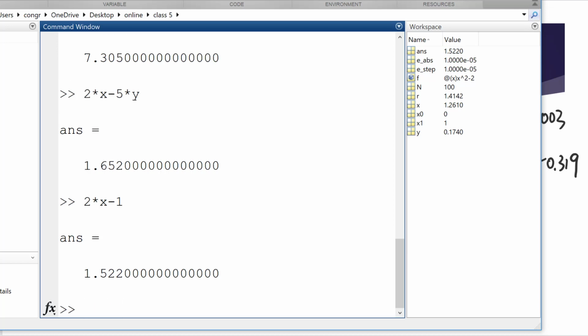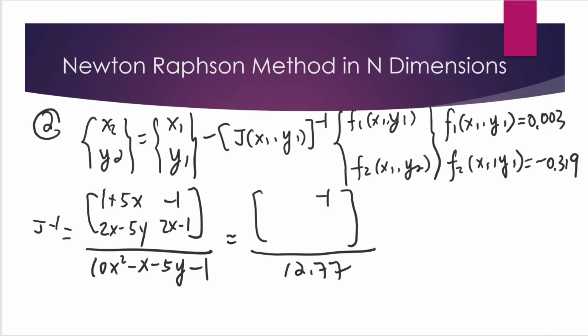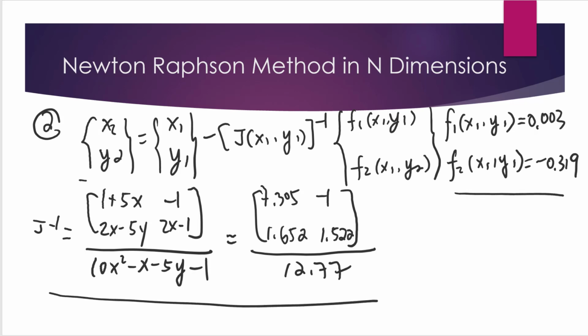Okay, so we got the Jacobian. So this is 7.305. This is 1.652. This is 1.522. Okay, so then we can use those values we got, plug into this formula to get x2, y2.